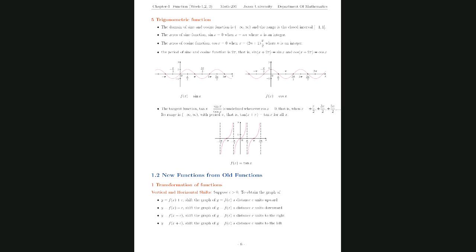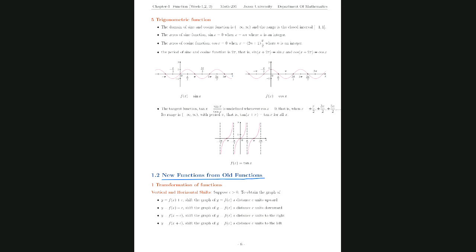Now come to this. Last lecture I discussed new functions from old functions. Last lecture I gave you the examples. Okay, when the function goes upside, when the function goes downside, when the function goes right, when the function goes left.